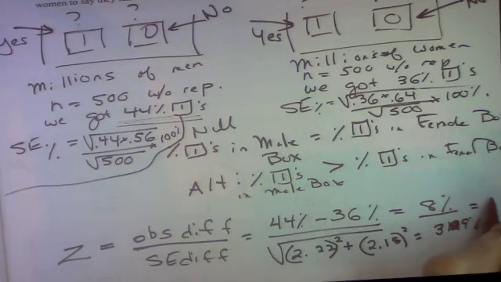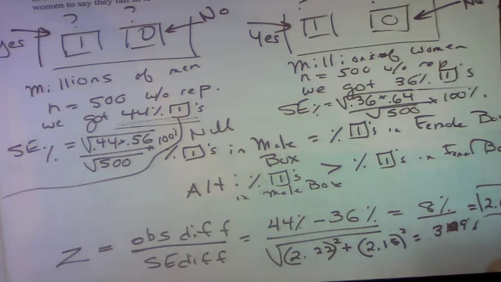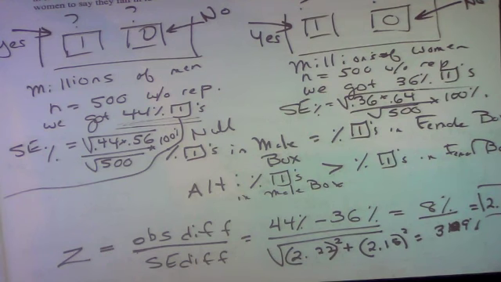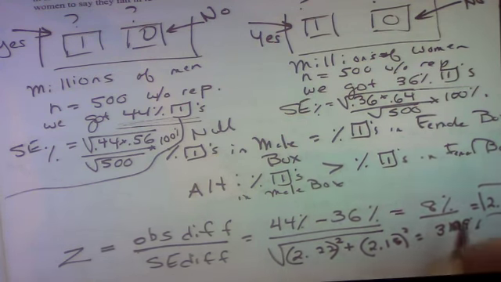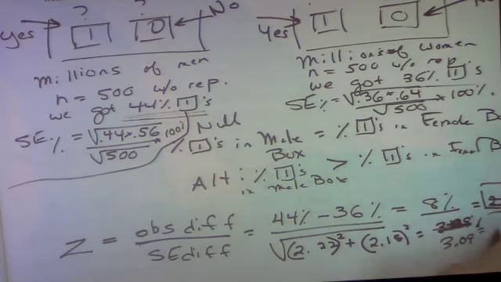About 2.6? 2.6 is our z-score. What? 2.9? 8 divided by, wait a minute, 8. Why is that funny? 8 divided by 3.9, is that what I even have? 3.09. 3.09 is 2.59. Okay, so this is 3.09, and we get 2.59.